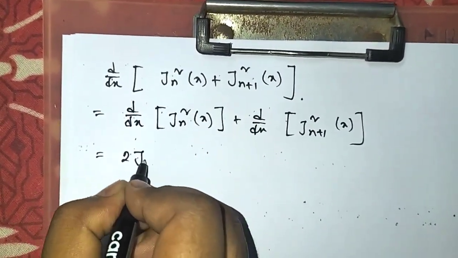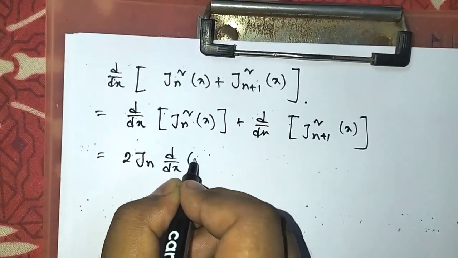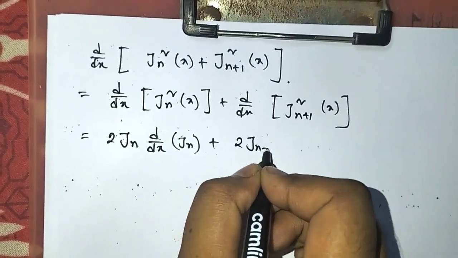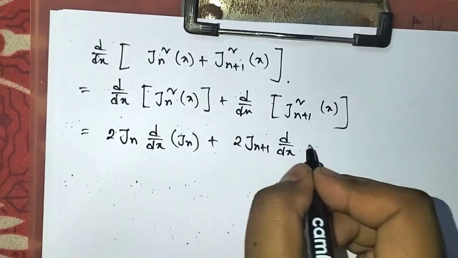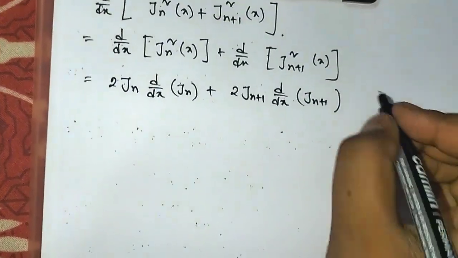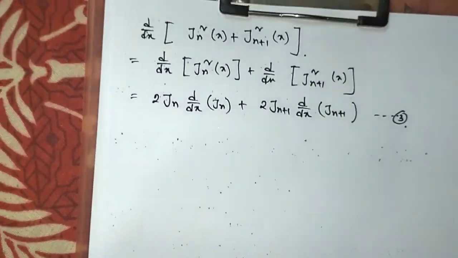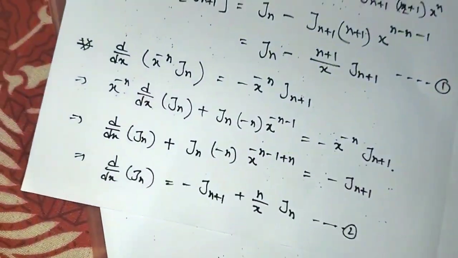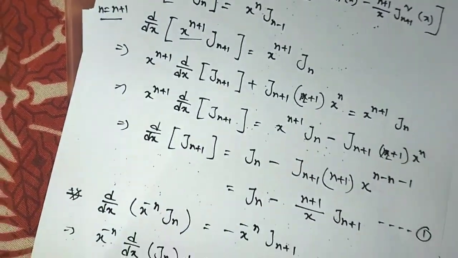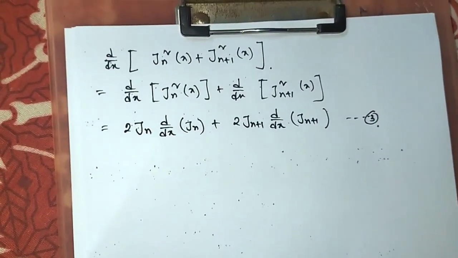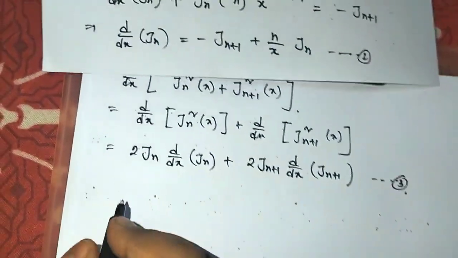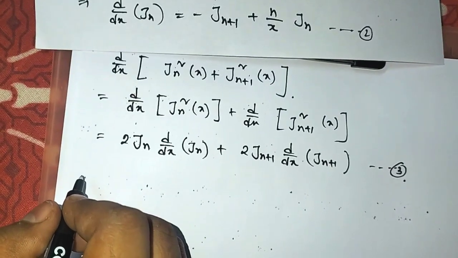Now take the derivative: 2 J_n d/dx of J_n plus 2 J_n+1 d/dx of J_n+1. This is number 3. So you can see here d/dx of J_n and d/dx of J_n+1. I have already evaluated both values, so substitute this.